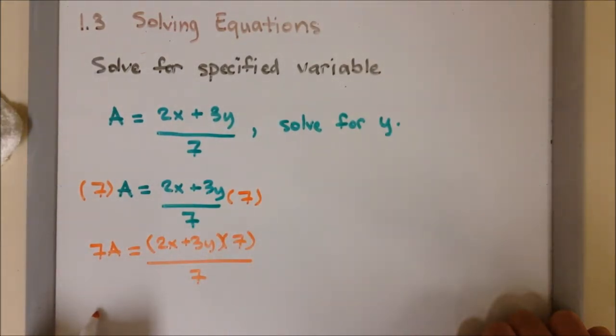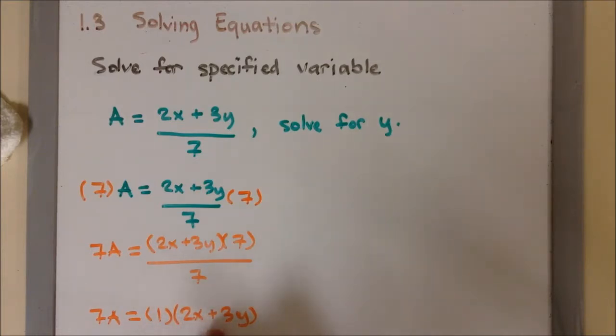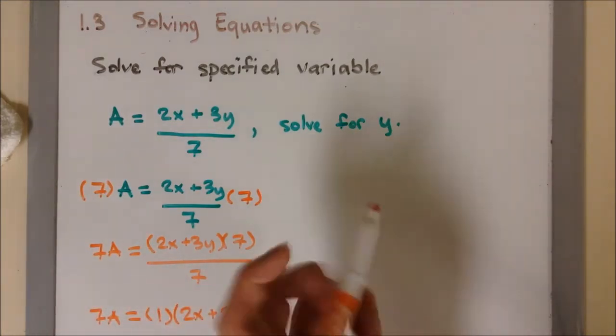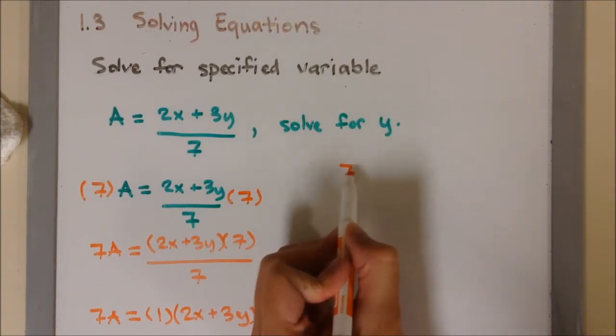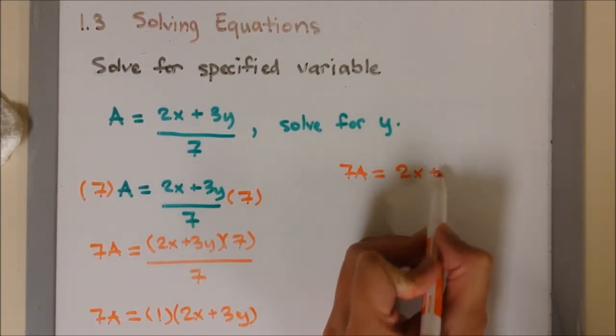So now it's going to look like this: 7a equals 1 times 2x plus 3y. And if I were to multiply or distribute 1 to 2x plus 3y, I'm going to rewrite it up here. It's simply going to be 7a equals 2x plus 3y.